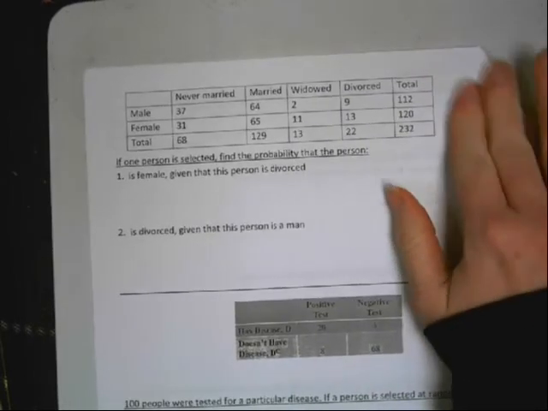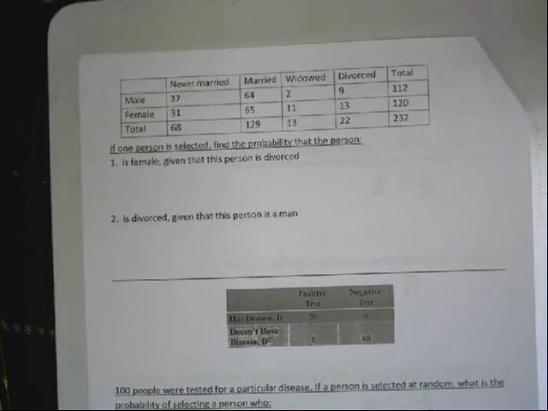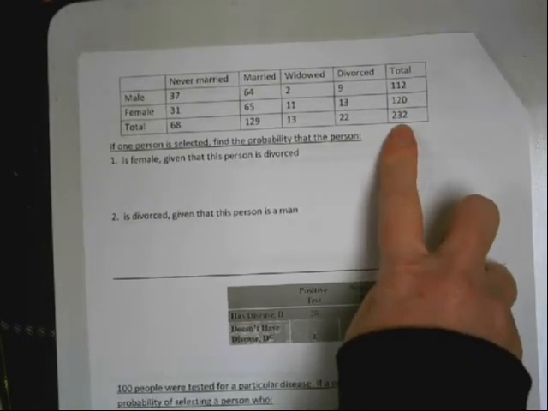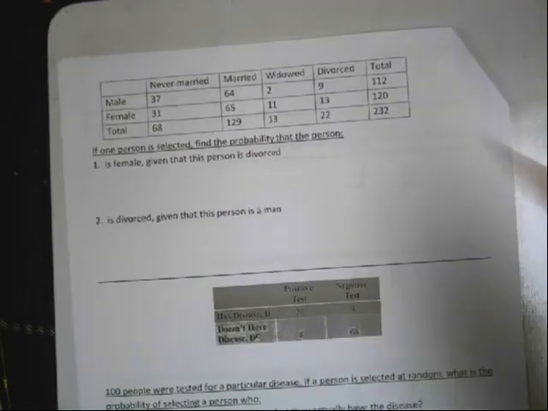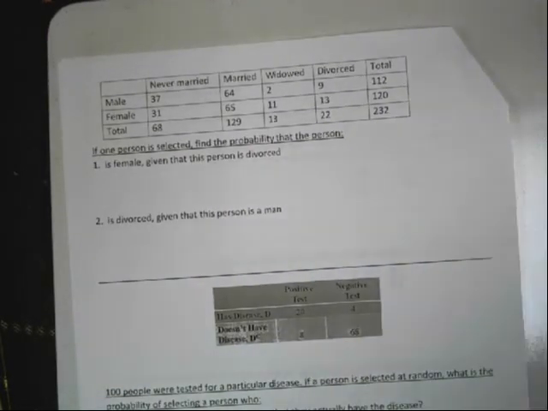All right, we've got a 2-way table. We had a 2-way table the other day. We just did straight up probability questions with them. We didn't do any givens, but remember, our overall total is over here in the far right corner, 232. So I'm guessing that they surveyed 232 total people. But as soon as they say given, I'm no longer looking at the 232. I have to limit myself to the population that they've given me.